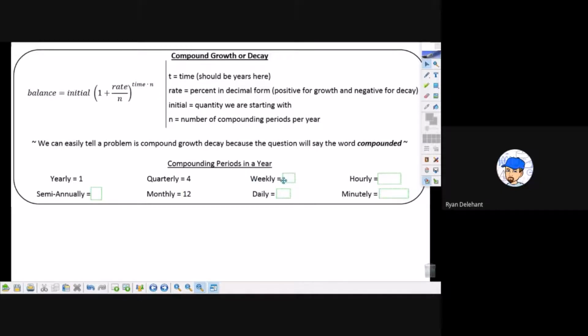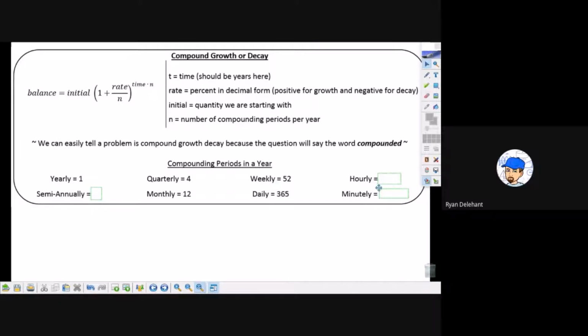Weekly doesn't come out even if you do the real division. You're going to use 52 every time. It's not exact, but it's what's used for this calculation. Daily, 365 days a year. You don't have to worry about leap year or anything crazy like that. If it says broken down daily, your n becomes 365 and you're good.